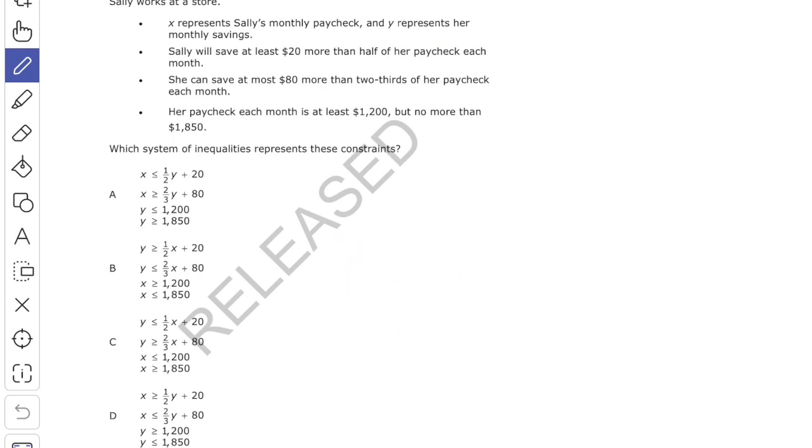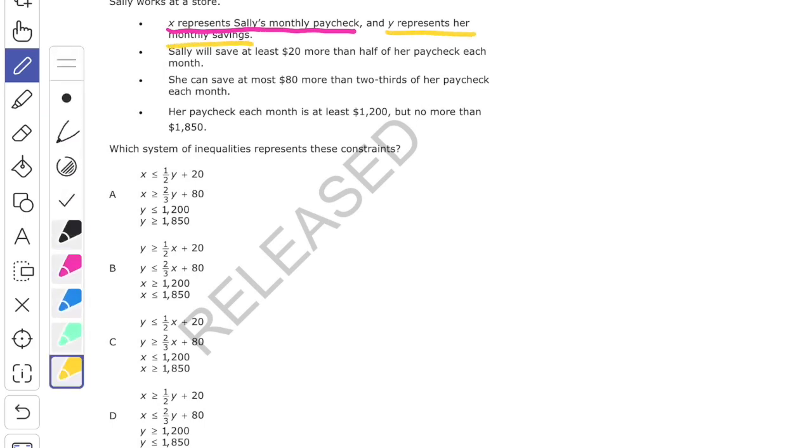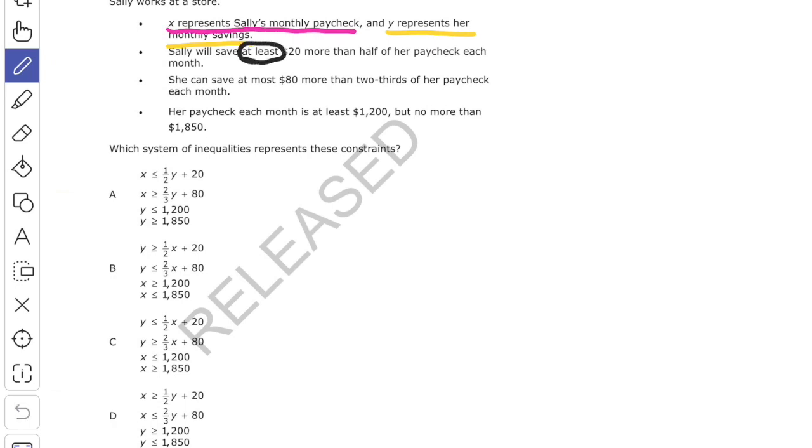First things first, though, they already tell us what my 2 key variables are. We know X is the paycheck, and we know that Y is her savings. So X is paycheck, Y is savings. Now, in the next bullet, it says Sally will save at least. So at least is going to be greater than or equal to $20 more than.